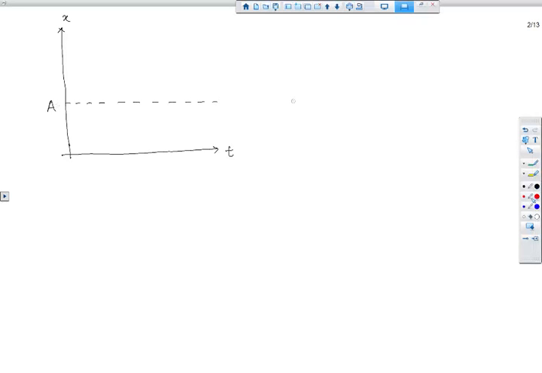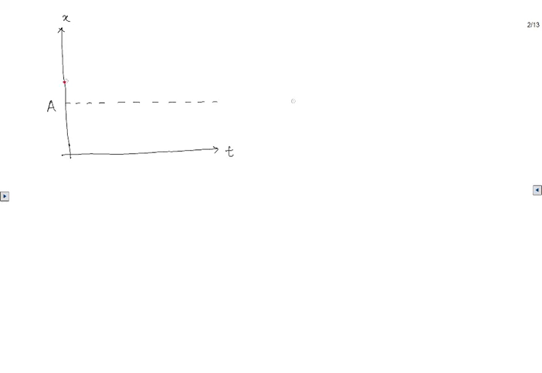We notice that if you start with a value larger than a, what will happen? x minus a is positive, so the derivative is negative, which means it's going to decay, it's going to go down.